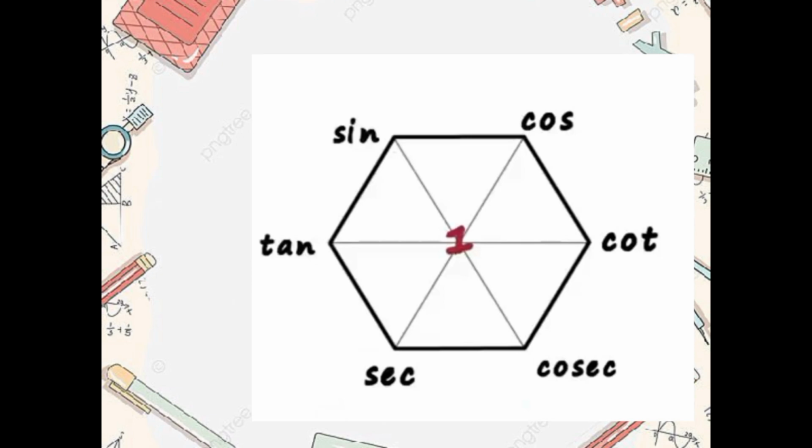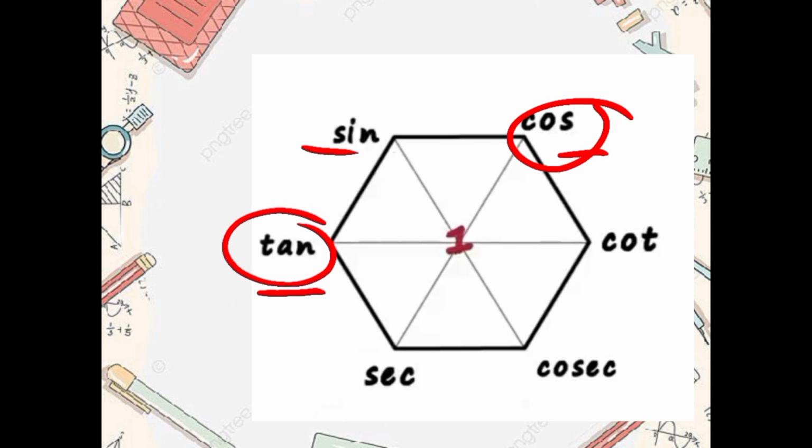So next, if we take any three continuous functions in the hexagon, like tan, sine, and cos, tan multiplied by cos will give us sine.